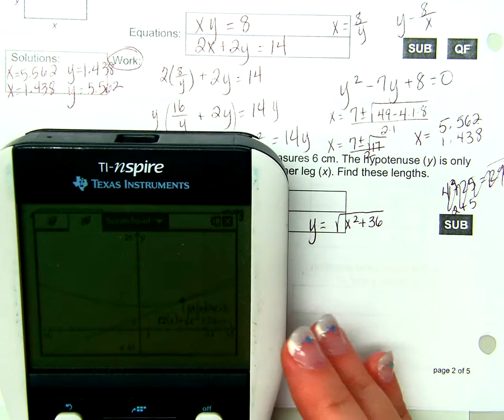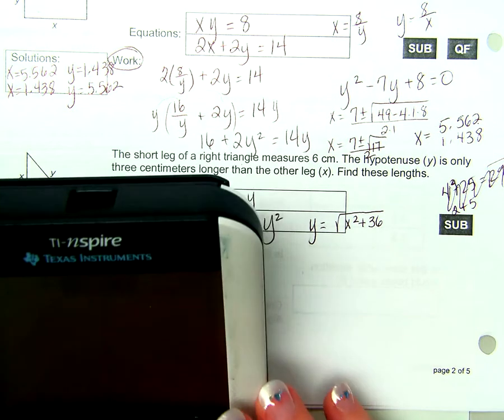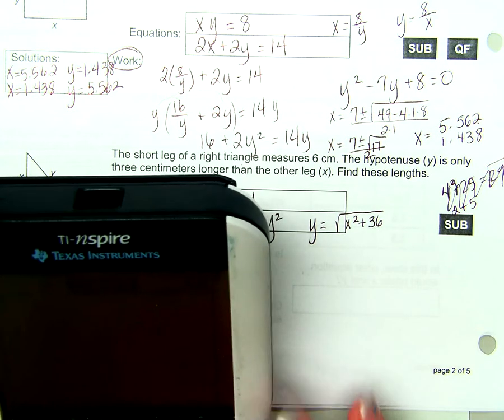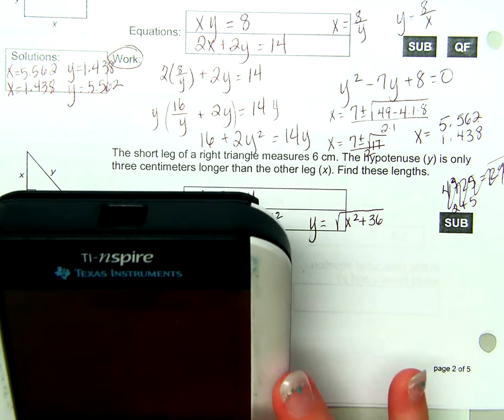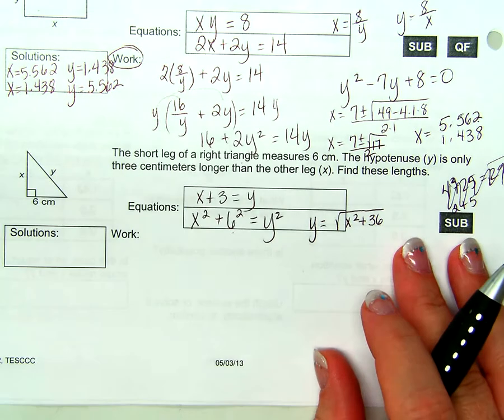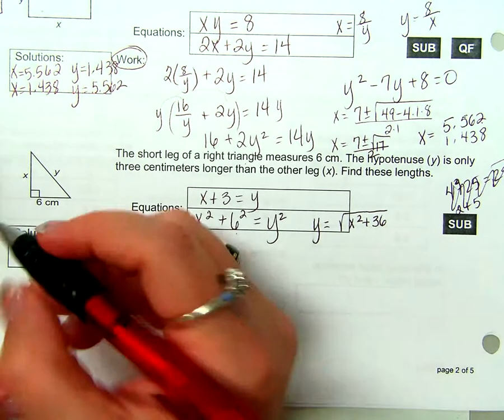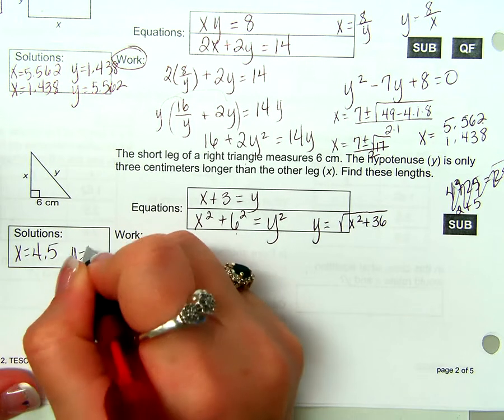Can you read that? Okay, I can't, so I'm going to move it. 4.5 and 7.5. X equals 4.5, y equals 7.5.